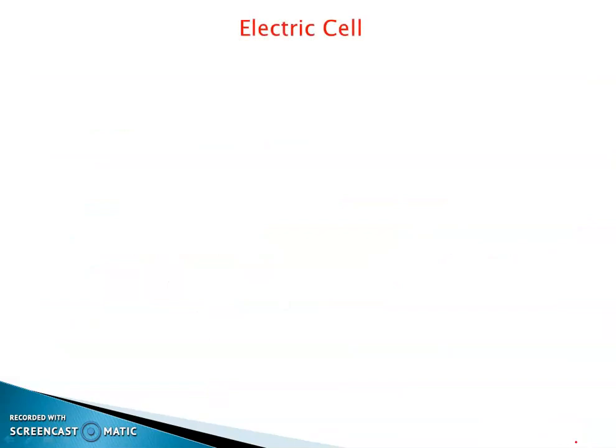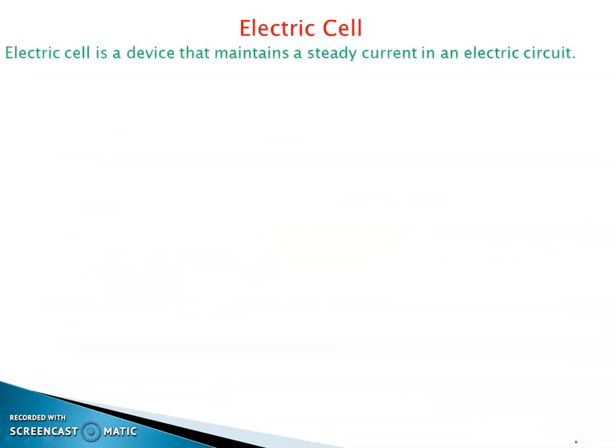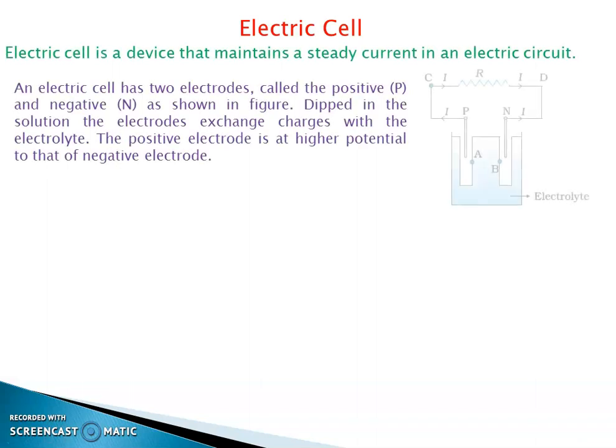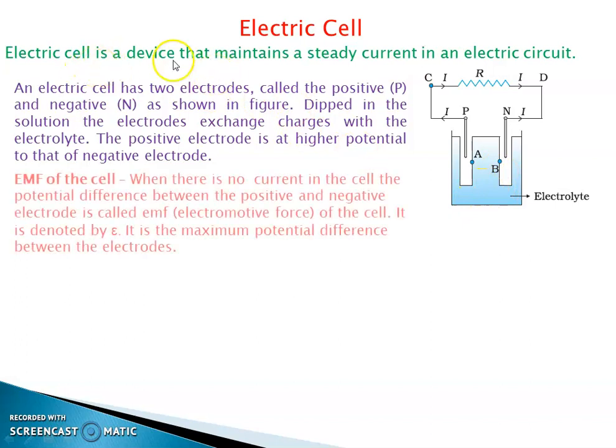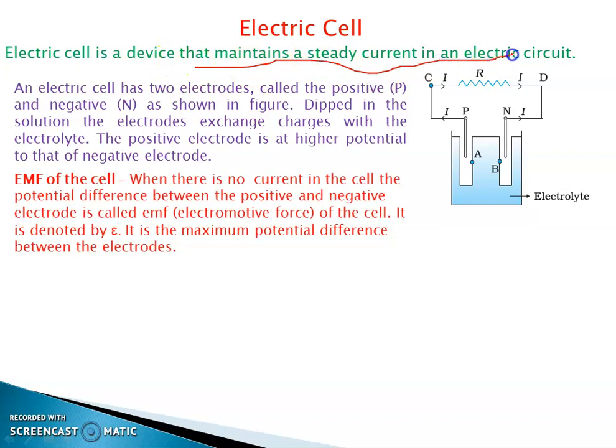Now electric cell. An electric cell consists of electrolyte with 2 electrodes, right? So this is a cell, these are 2 electrodes, right? Electrolyte is there. The electric cell is a device which gives a steady current in the circuit, right? Now EMF of the cell.